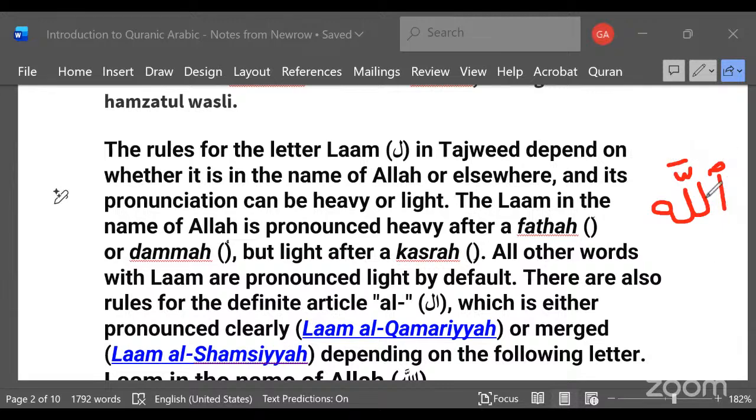Because in the word Allah we have lam coming after Hamzatul Wasl, we give the Hamzatul Wasl the fatha sound, right? Because it is followed by lam. This is the only time it gets the fatha sound. And then we pronounce this lam heavy if the word Allah is by itself like that, or if it comes after a letter that has fatha or dhamma.